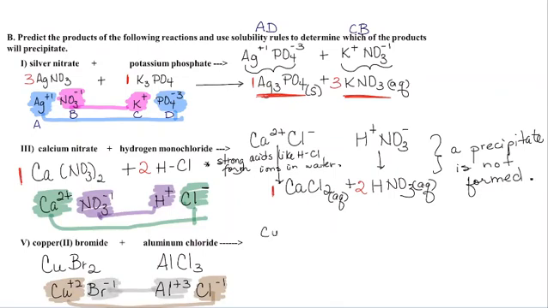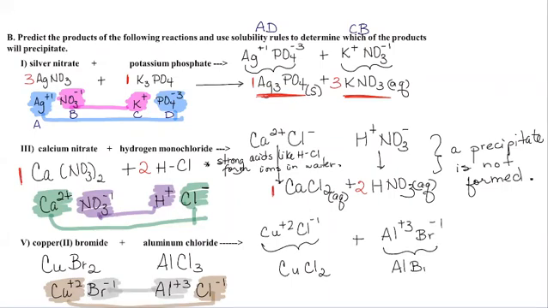So we have Cu plus 2, Cl minus 1, so that will make CuCl2. And we have Al plus 3, Br negative 1, so that makes AlBr3.